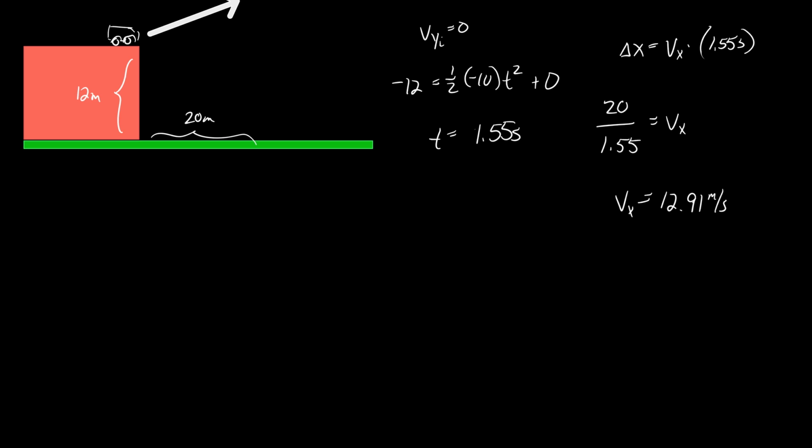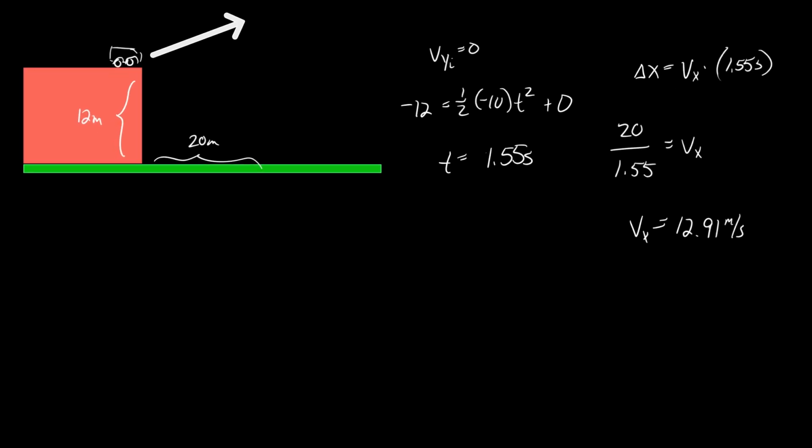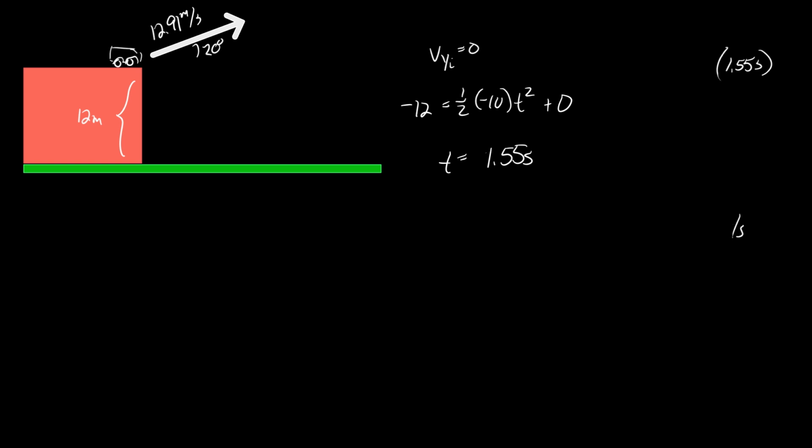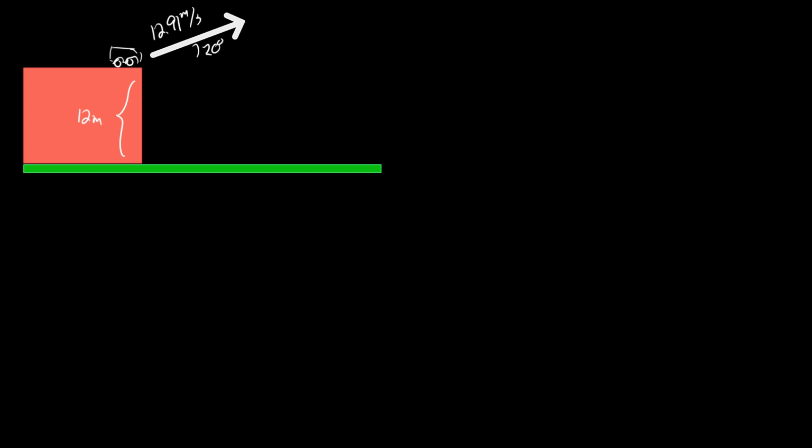We have a ramp. We'll be traveling 12.91 meters per second at an angle of 20 degrees. And we want to figure out where it lands now. So this is going to call us to do a little bit more work. We'll need to figure out how much longer it's in the air now.